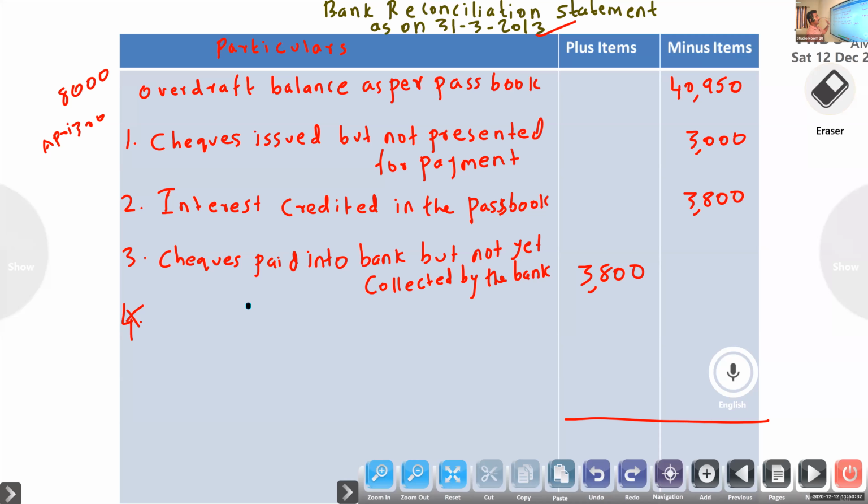So no need to write. Only this much. That's why the date is very important. So the minus column is more.